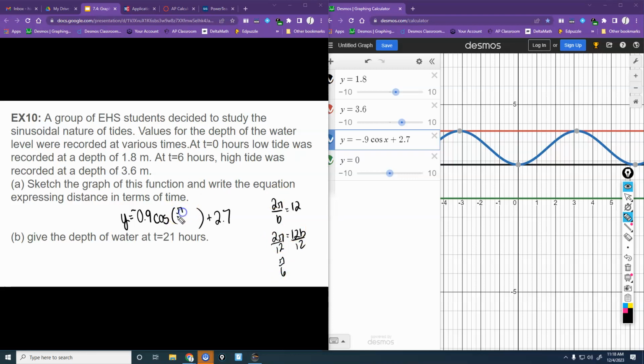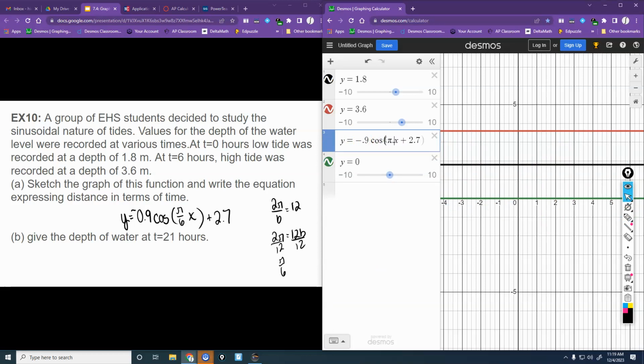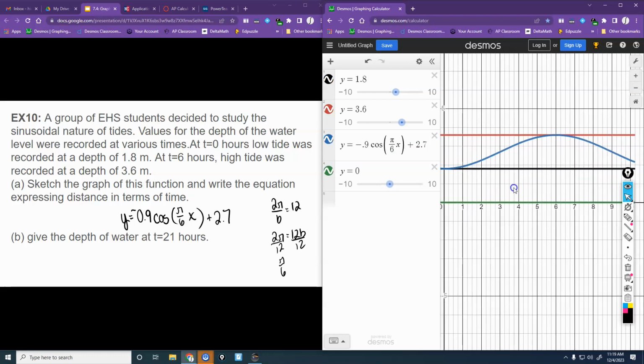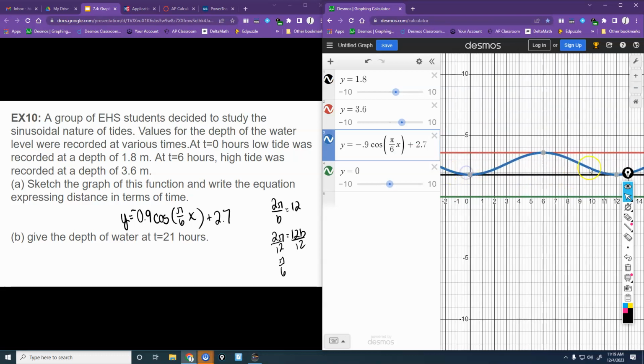It'll be multiple choice, so don't worry too much about how to figure that out. So if I do pi over 6 times x right here, now I have my graph like it needs to be.